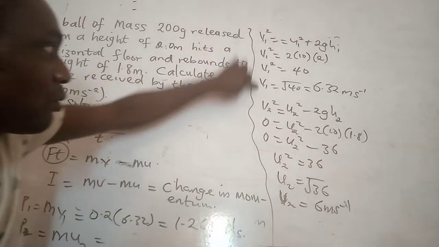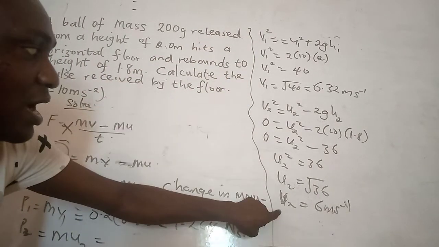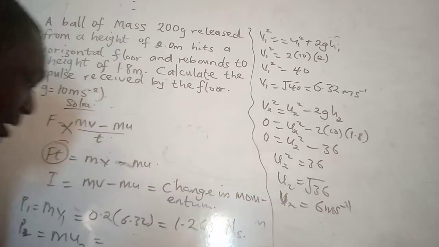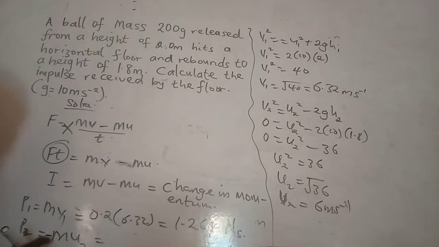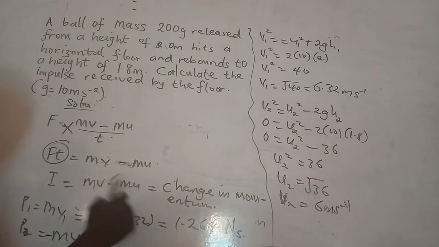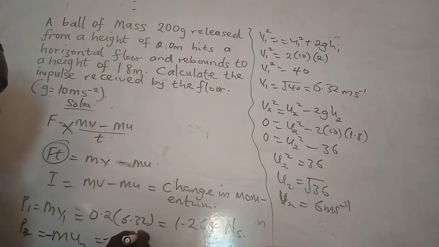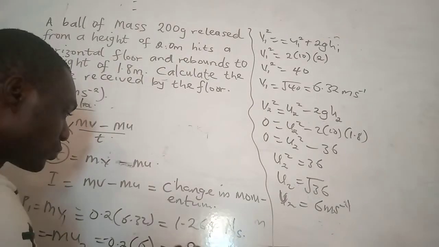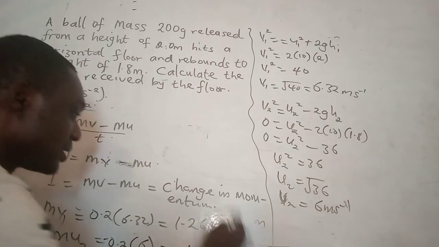This was going downward, so I'll take this to be positive, and this was going upward, so I'm going to take this to be negative. So I'm going to say minus mu2. That's going to give us minus 0.2 times 6, and that will give us minus 1.2 Newton seconds.